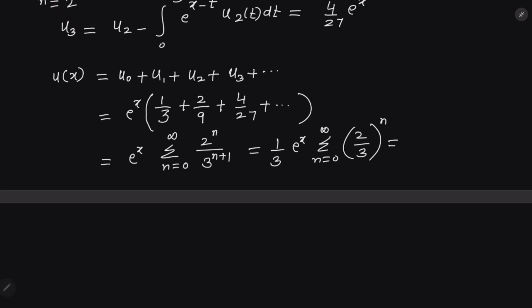When we apply the series formula, 1 over 1 minus the ratio 2 by 3, we have 3 over here.